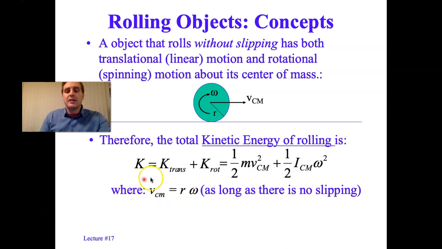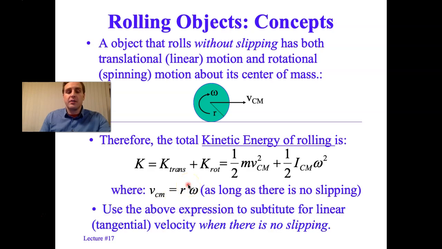And we know the velocity at the center of mass is radius times angular velocity. So you can either replace the velocity of the center of mass in terms of omega, or replace omega as v over r, where v is the velocity of the center of mass. So we use the above expression to substitute for linear tangential velocity when there's no slipping.